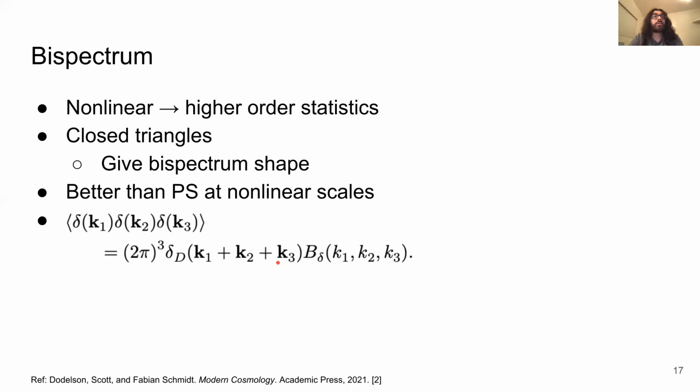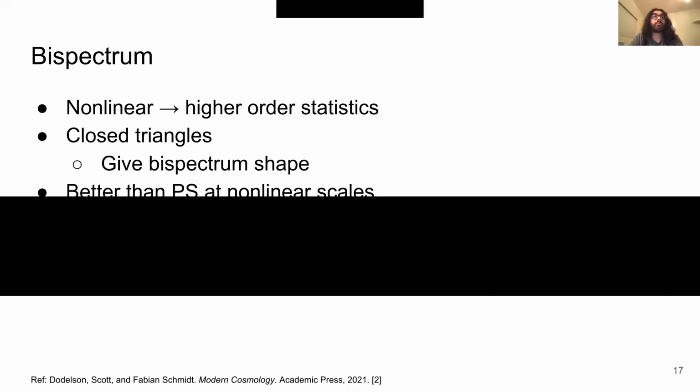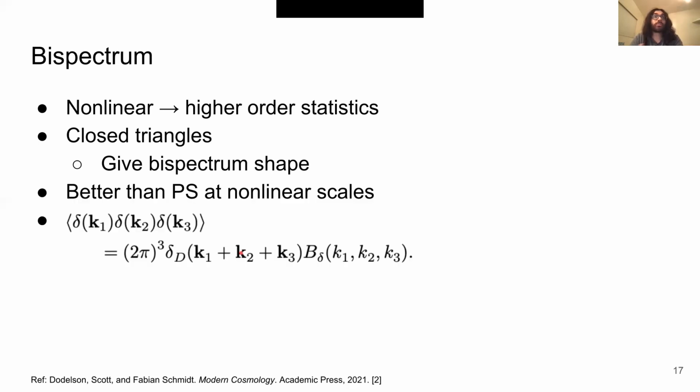Now, the introduction of this third k in the delta function means that all of these k's need to vectorially add up to 0, essentially. So what that means is all of these k's need to form closed triangles. And so depending on what the lengths of the k's are, they will form different shapes for these triangles in k-space.